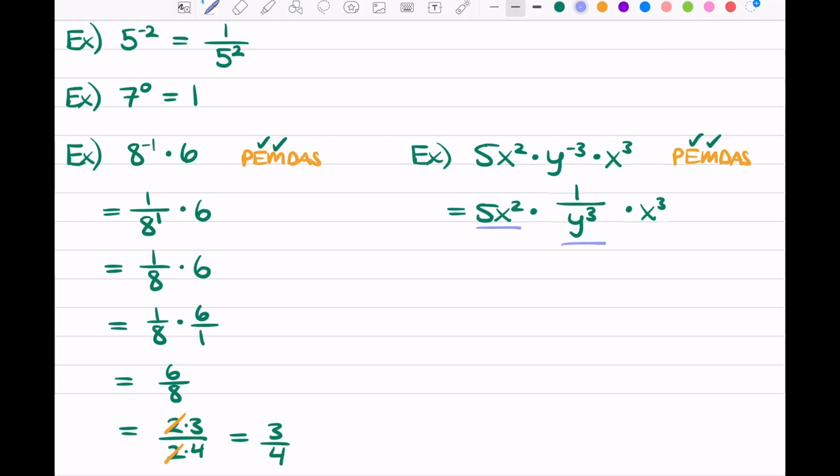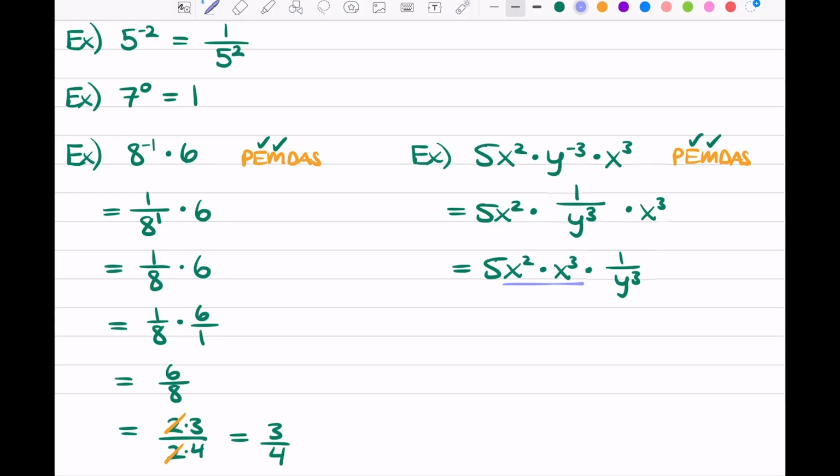Now we have 3 pieces that we're multiplying, and we can multiply numbers in any order. So let's group the x's together. So we'd have 5x squared times x to the third times 1 over y to the third. Now we have x squared times x to the third.